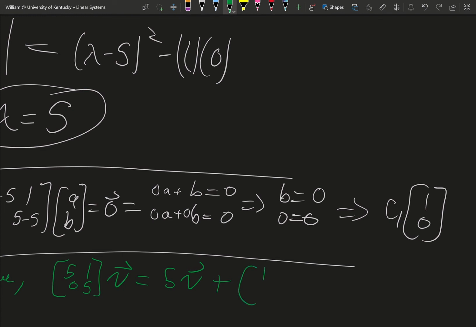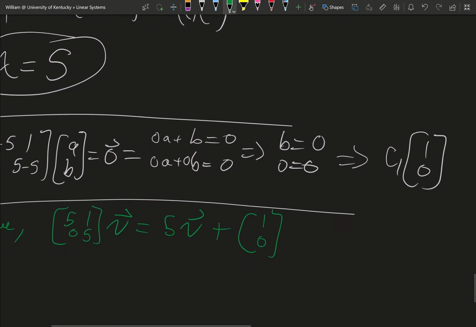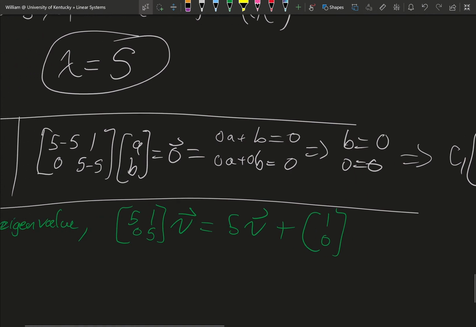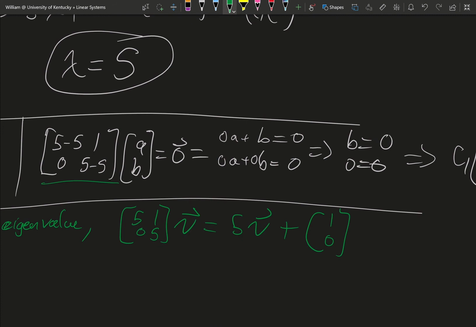So we have to choose a specific c1 value, so of course we'll just do 1, make it easy. And so we get something like this. Now you could solve this equation, but again, we're going to do a shortcut because it's also going to let us reuse this matrix.